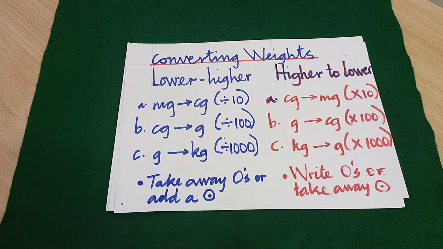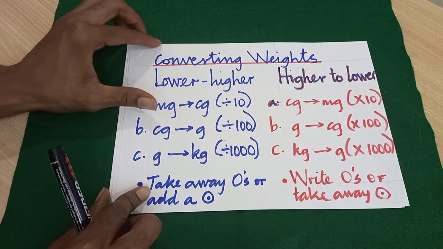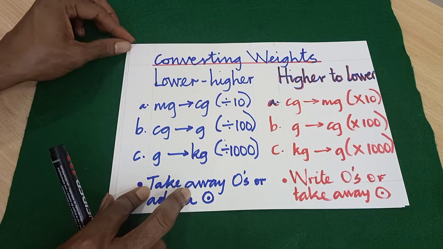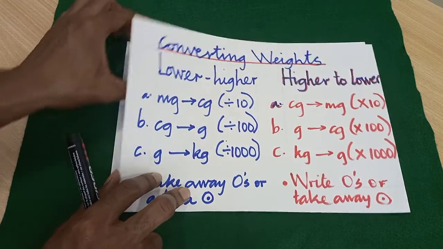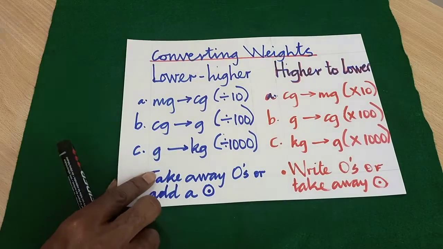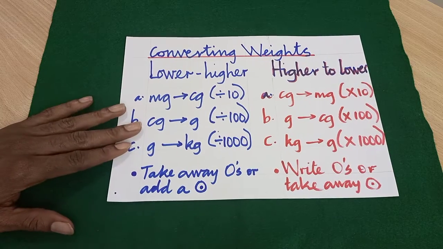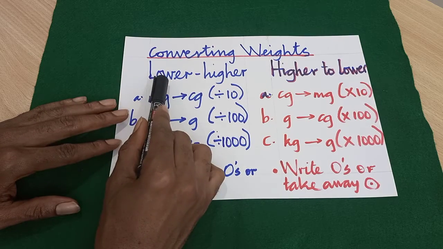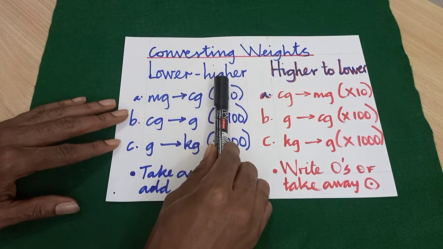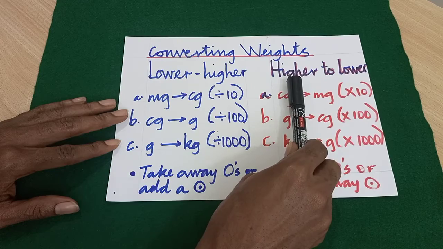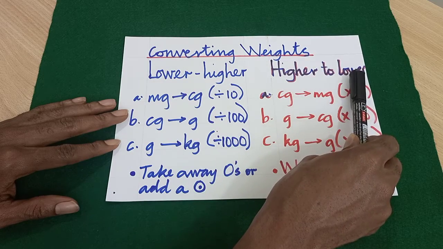Okay, so before we convert weight, like every other quantity we've been converting, we have to take note of the different conversion keys in converting weight. Now here, either we are converting from a lower to a higher unit or from a higher to a lower unit.